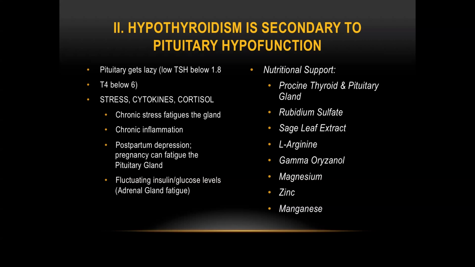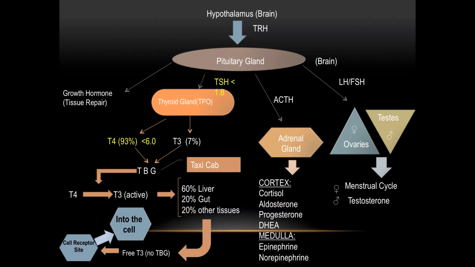Postpartum depression is another cause. And then fluctuating insulin and glucose levels is the other cause of pituitary hypofunction. In this situation, as I said, the TSH is less than 1.8 and the T4 is less than 6.0.